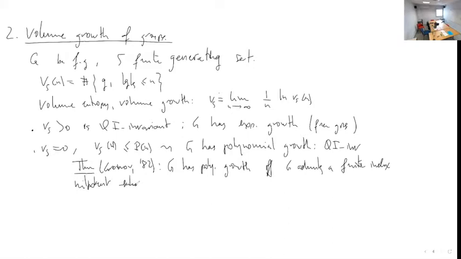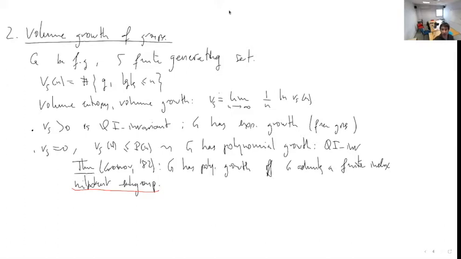Being nilpotent is a purely algebraic notion, and to have polynomial growth a priori is a geometric notion because we are counting elements in balls and just looking at how they grow. So this really started the systematic study of geometric group theory.